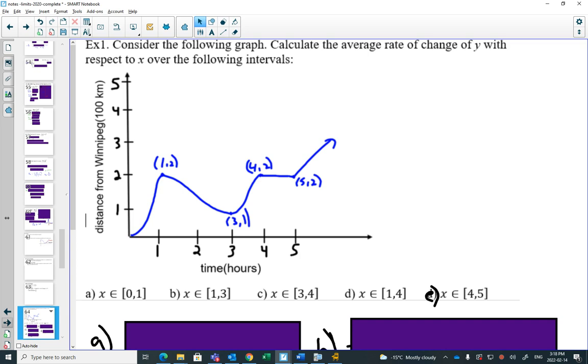Meanwhile, driving back that 100 kilometers, you took your time, maybe because you got a speeding ticket here. I'm not sure. And then you think the cops are gone. You drive really fast again. Oh, here you're stopped for an hour. Maybe the cops weren't gone. And then you just take off. And you just keep on a pathway away from Winnipeg forever.